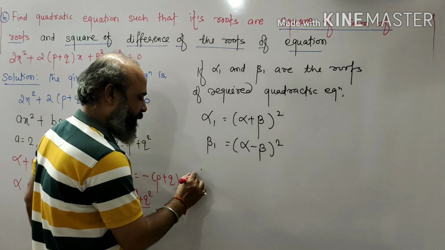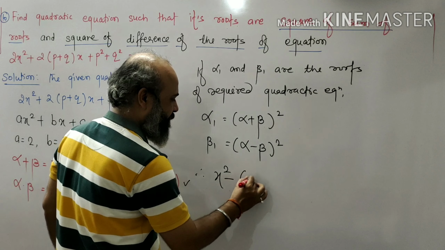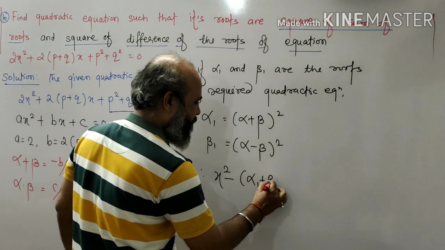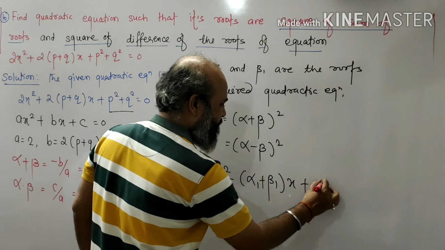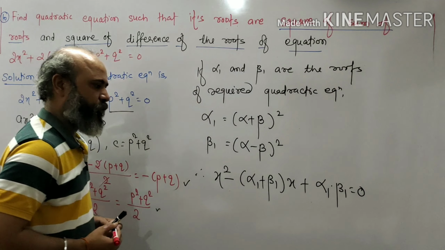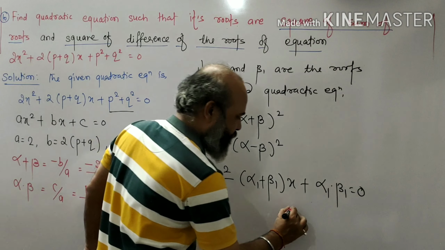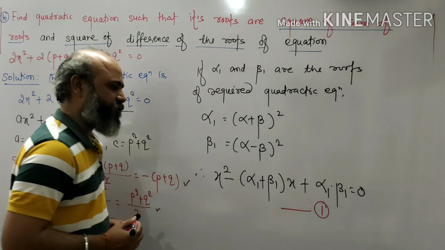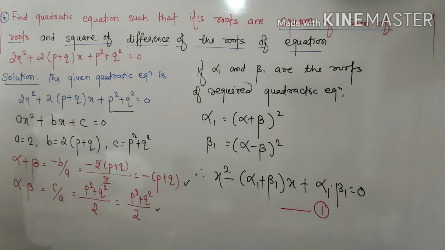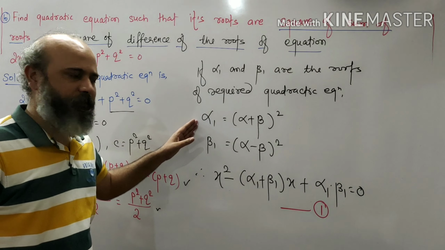So our quadratic equation will be x square minus (alpha 1 plus beta 1) into x plus alpha 1 into beta 1 is equal to 0. This will be our required quadratic equation. We will write this as equation number 1. So if alpha 1 and beta 1 are the roots of the required quadratic equation, alpha 1 is equal to what?